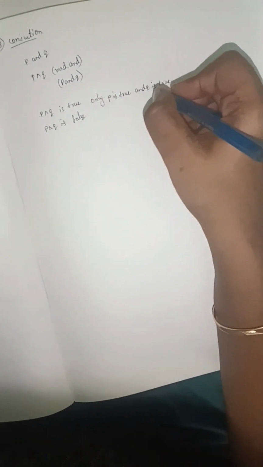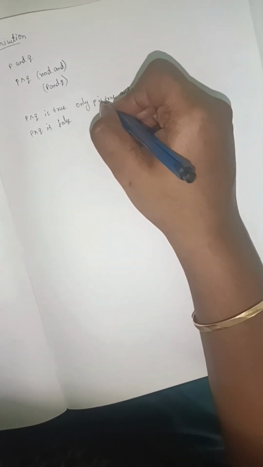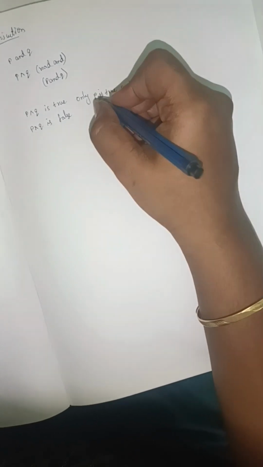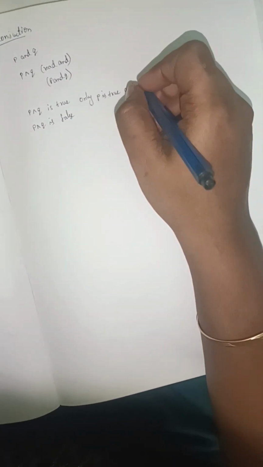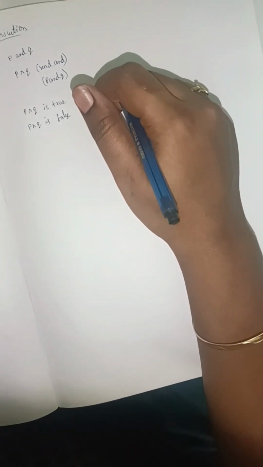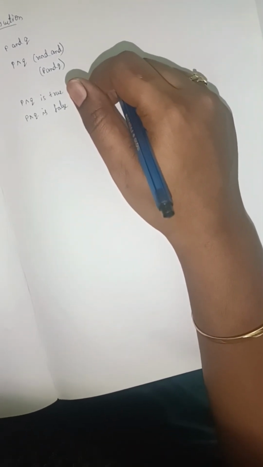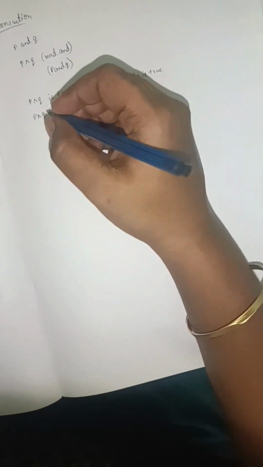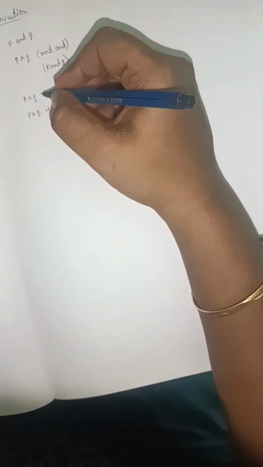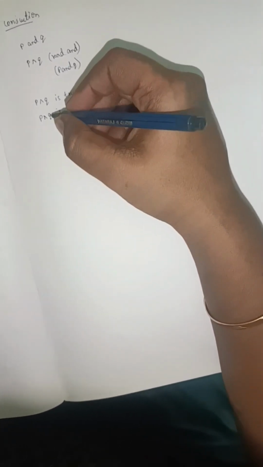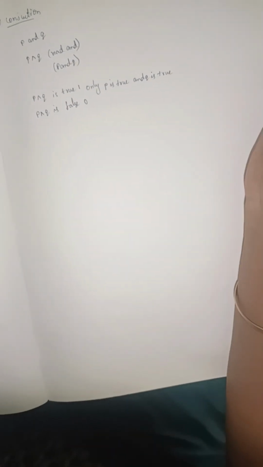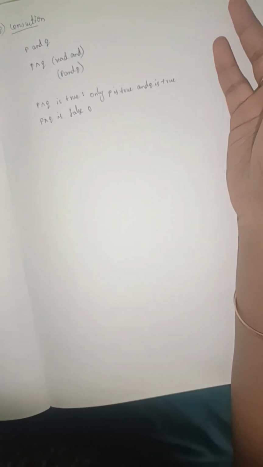P true, Q false; P false, Q true; P false, Q false. If true, we denote it as 1 in the truth table, and false as 0. We know that already from the negation.